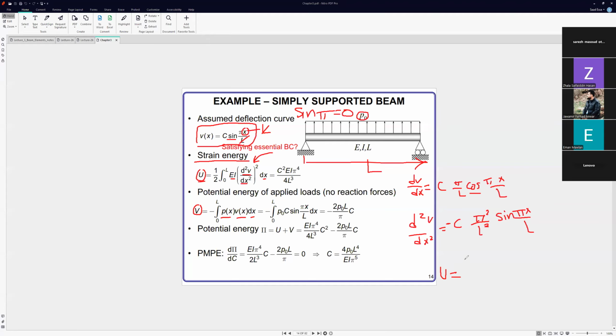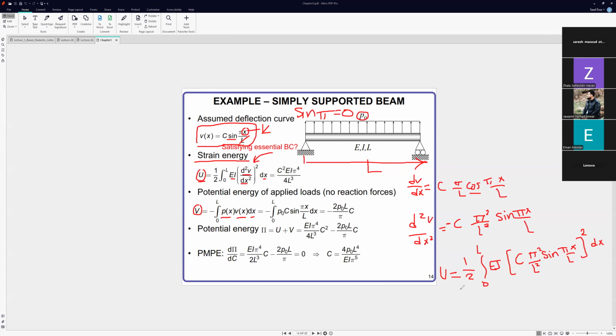U is equal to half the integration 0 to L, EI constant outside, and we have C pi squared over L squared sine pi x over L, this one squared dx.